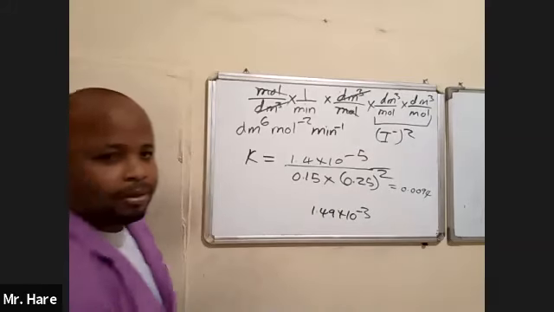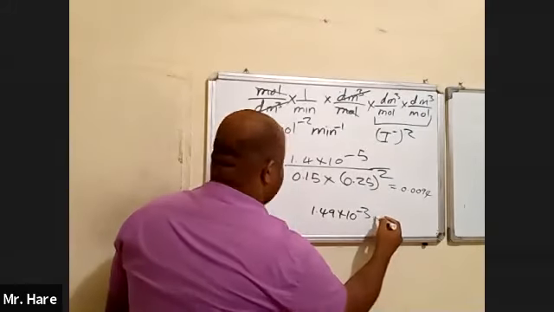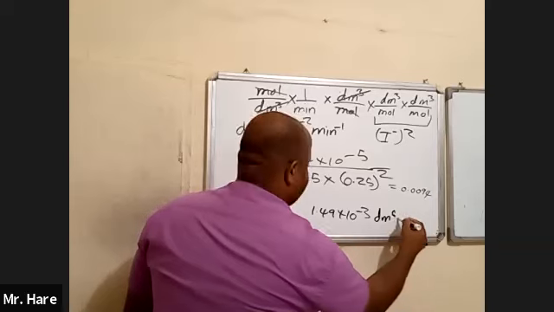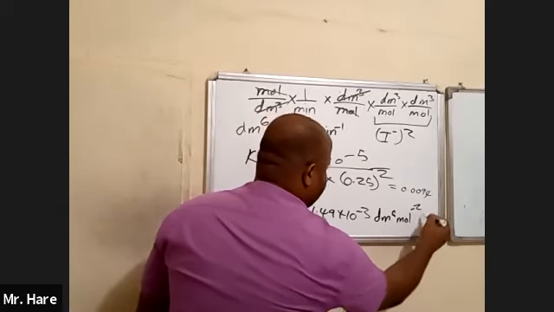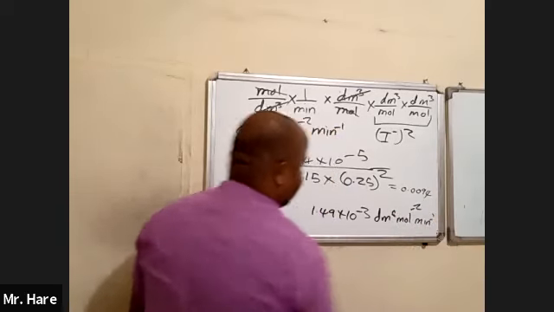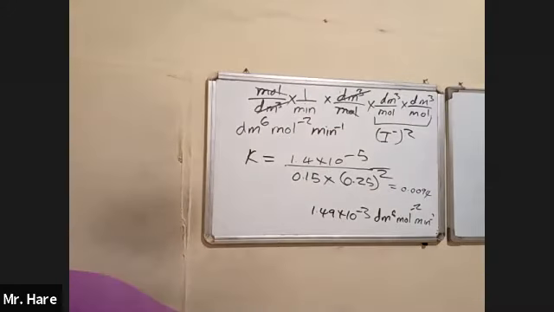So this is the unit. What was it for the concentration, sir? Just mole dm³. Right. Okay. So the final unit is dm⁶ mole⁻² per minute.